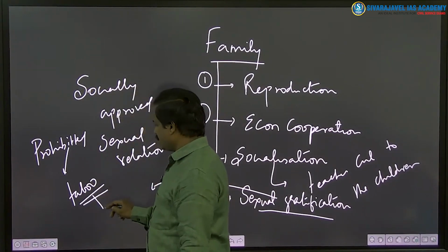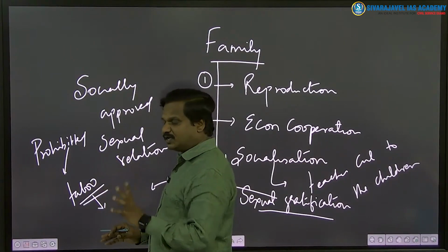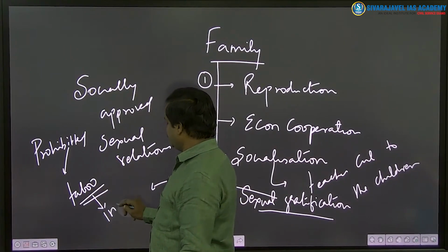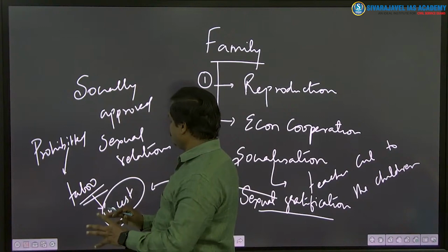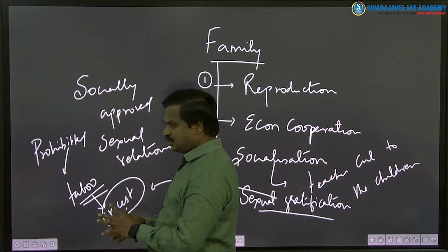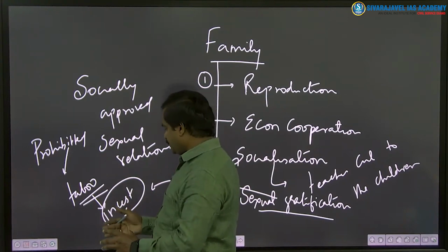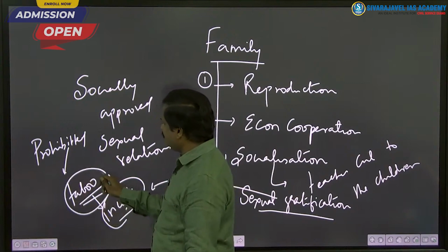What is taboo? Taboo is something which is wrong, and severe punishment will come. For example, incest is taboo. Incest means sexual ties between people who are blood relatives.